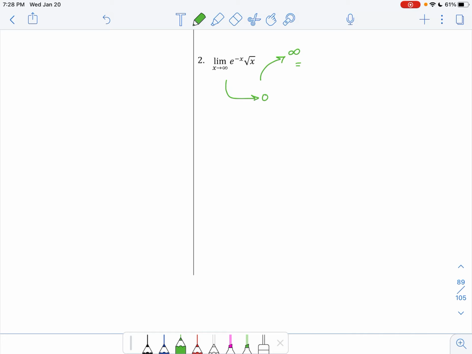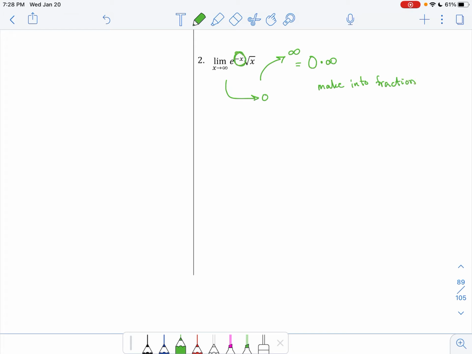So if I plug these in, I end up with 0 for e to the negative x times infinity. And if you recall from our last lesson, that's one of our indeterminate forms, because 0 times something should be 0, but infinity times something should be infinite. So the goal is we need to make this into a fraction so that we can use L'Hopital's.